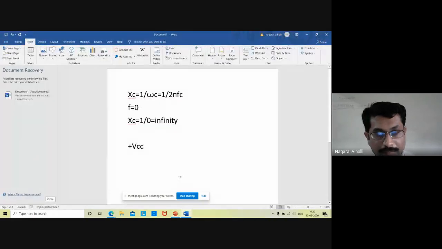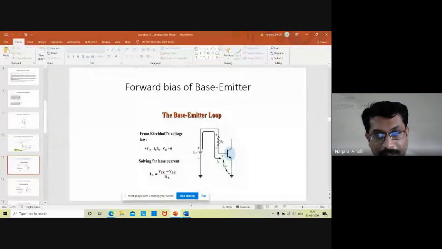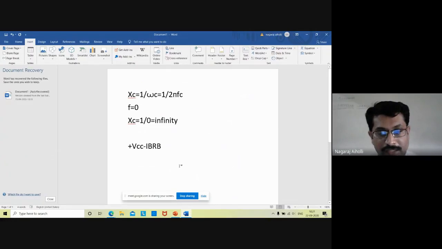Then positive to negative, decrease in energy, minus VBE, is equal to 0.